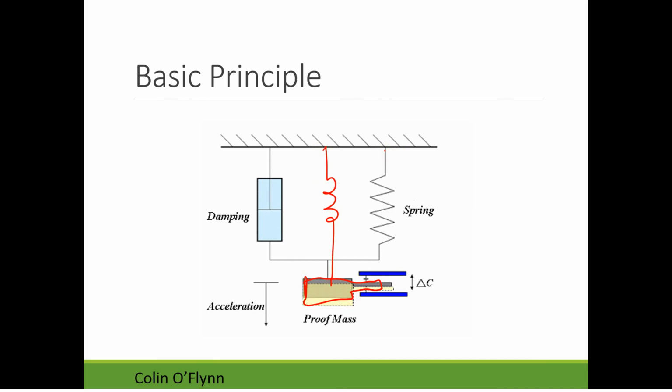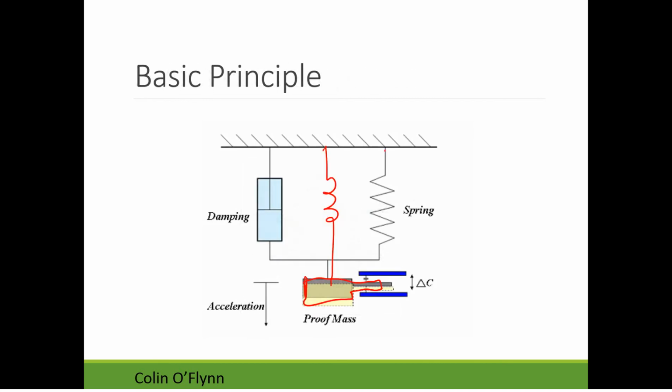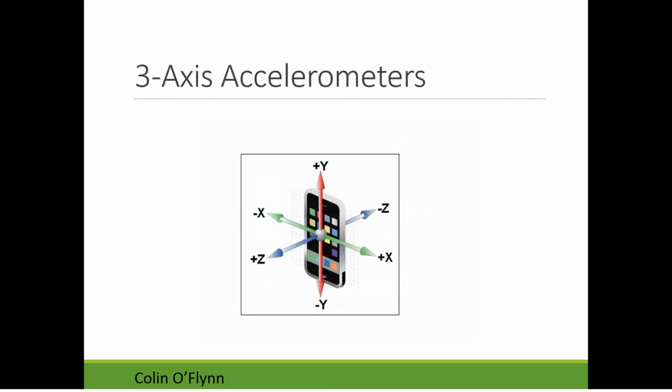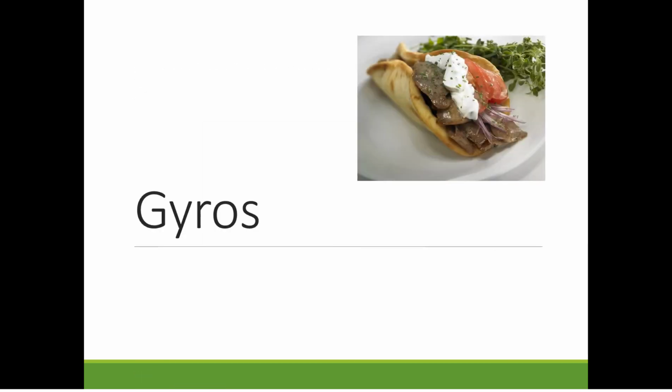As you accelerate, the mass is going to move within this sensor unit, and you can detect the change in position of the mass to figure out acceleration. Things like your cell phones have these 3-axis accelerometers for all sorts of uses. Position, all this stuff is in the navigation lecture. I just wanted to give you an idea.